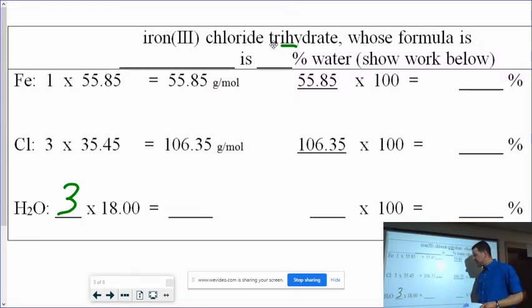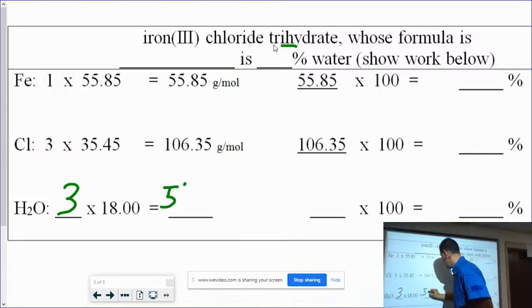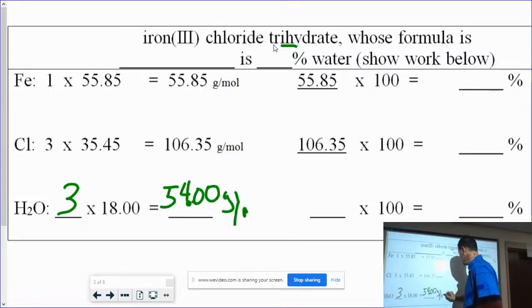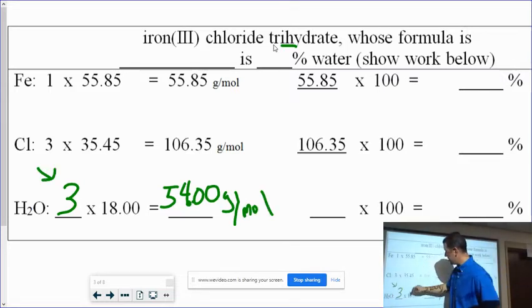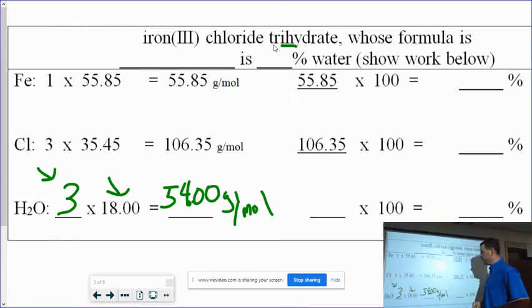So assuming that you did pause the video, 3 times 18 is 54.00 grams per mole. Okay, and we don't look at this 3 as a piece of data, so we just look at the sig figs right there, so that's why we went to 4 sig figs.